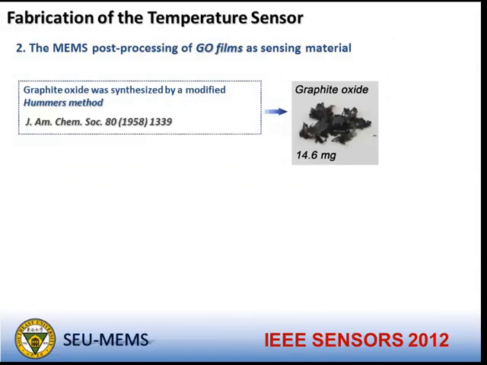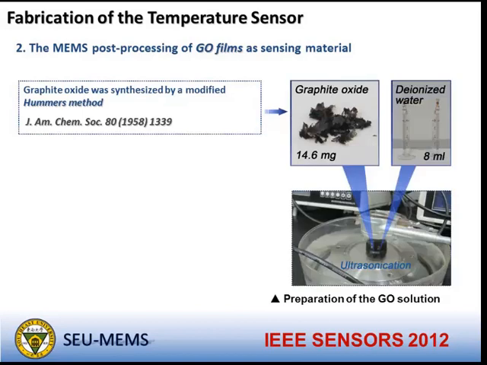The graphene oxide we used in our work is made by a modified Hummers method. First, as shown in this figure, 14.6 milligrams of graphene oxide was dispersed in deionized water by ultrasonication.